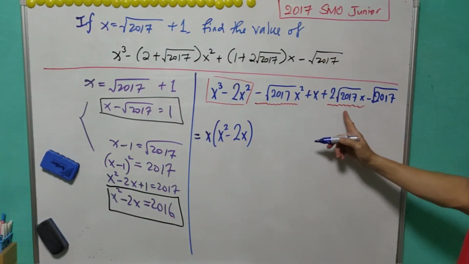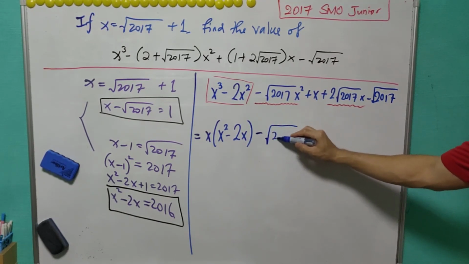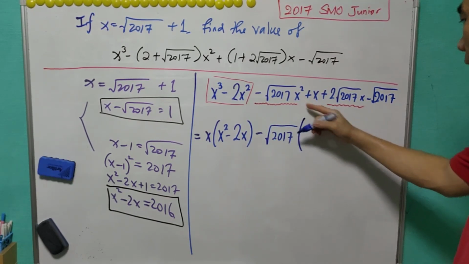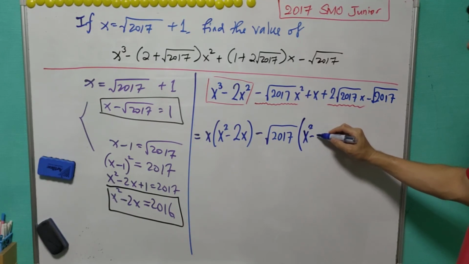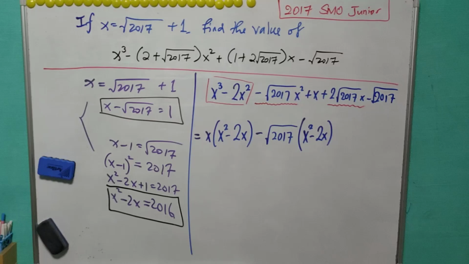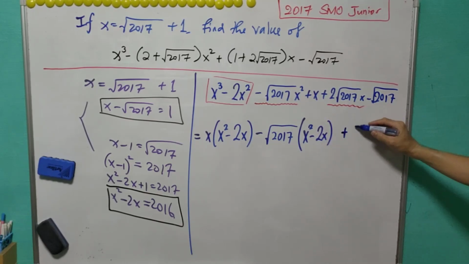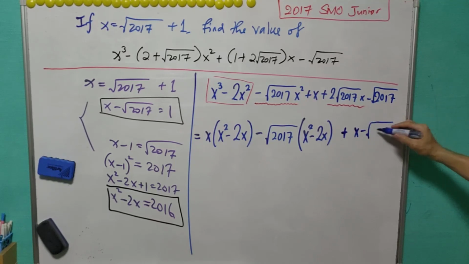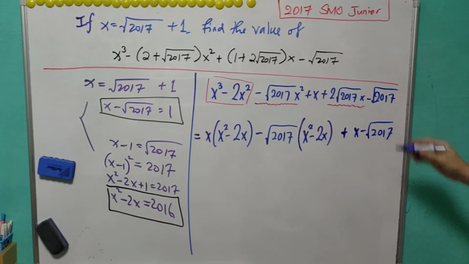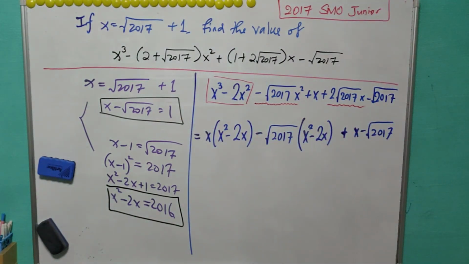And for the third and fifth terms, it is negative square root of 2017, and we have x squared minus 2x. Again, we can write as 2016. And we are left with x minus square root of 2017, which we can say is 1 later on.